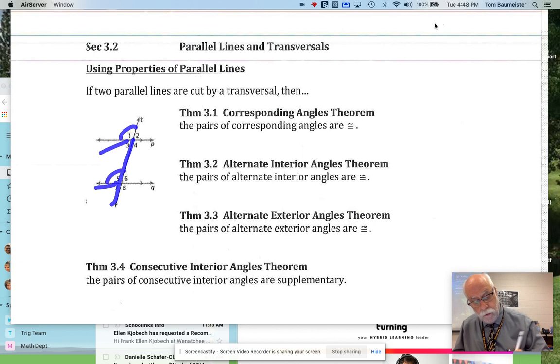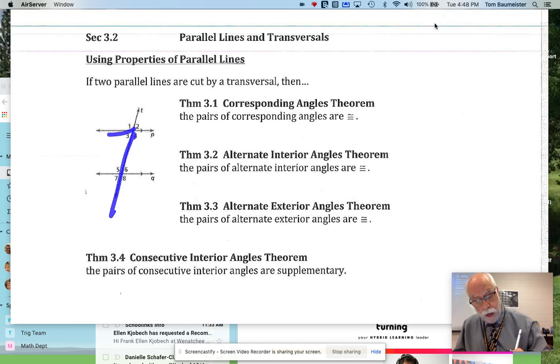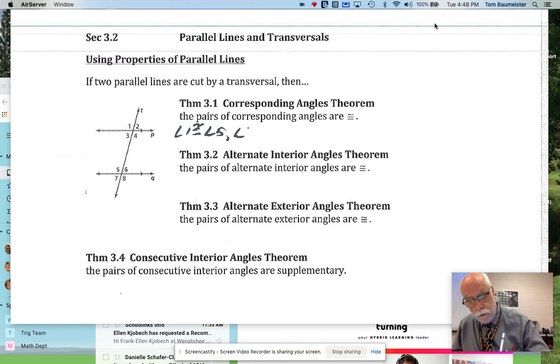We see that 1 and 5 are corresponding angles. And again, by the same pattern, we should see that 3 and 7 are also corresponding angles. So we can say that angle 1 is congruent to angle 5, angle 3 is congruent to angle 7.